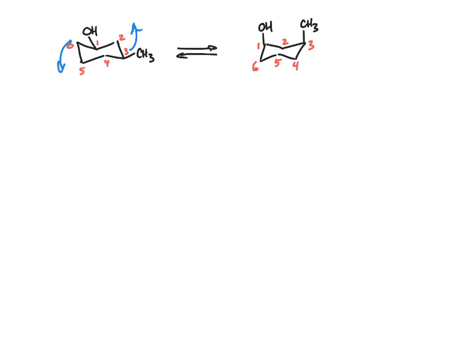So if you look at what you started with, left chair, right chair, the name of this compound is cis. That does not change in a chair flip. Both substituents are up in both chair flips, right?